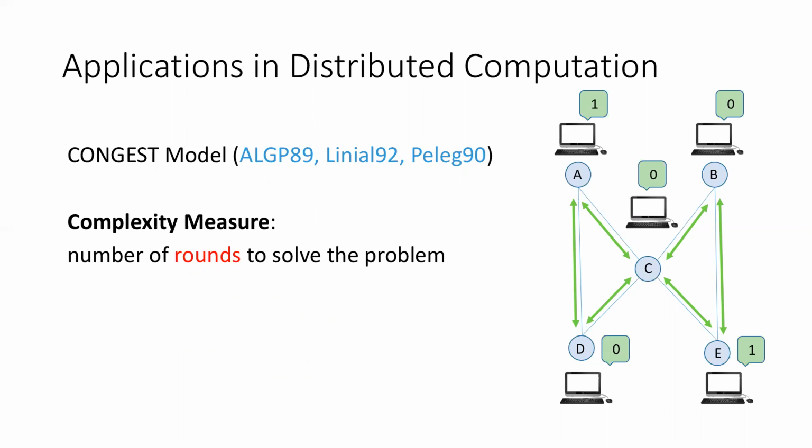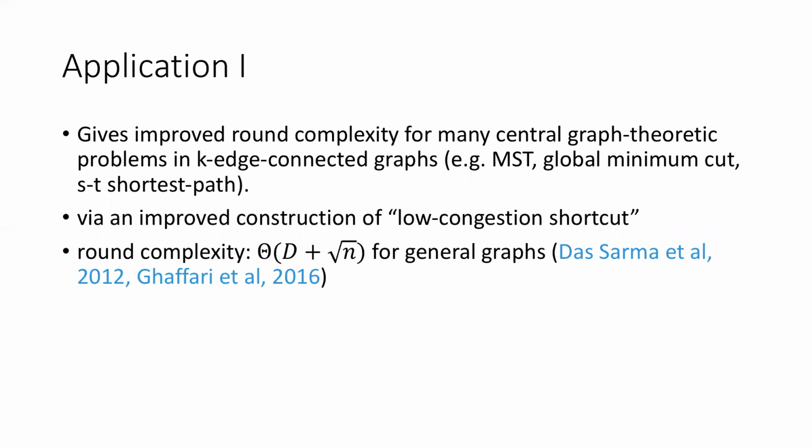So the first application of our tree packing algorithm is that it gives improved round complexity for many central graph theoretic problems in k-edge connected graphs. For example, the computation of minimum spanning tree, a global minimum cut, or s-t shortest path. And this is done via an improved construction of the structure of a low congestion shortcut, which is a basic communication backbone that is used in algorithms for several optimization problems in the CONGEST model.